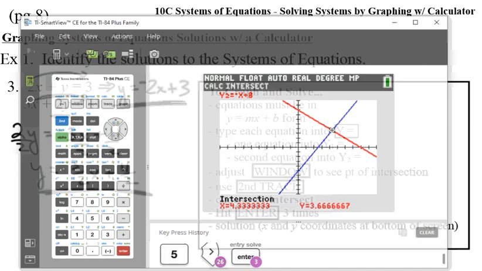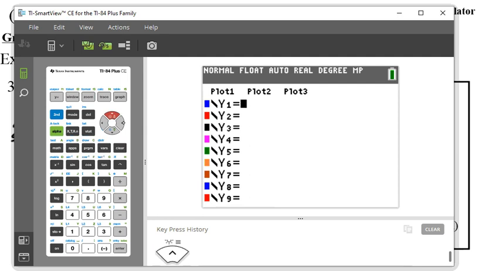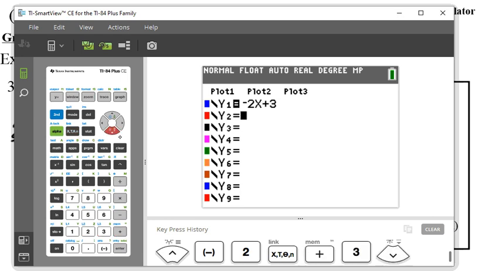So back to the calculator, y equals. I want to clear the ones we already had. First equation to plug in is the negative 2x plus 3. And now our second equation, fractions.